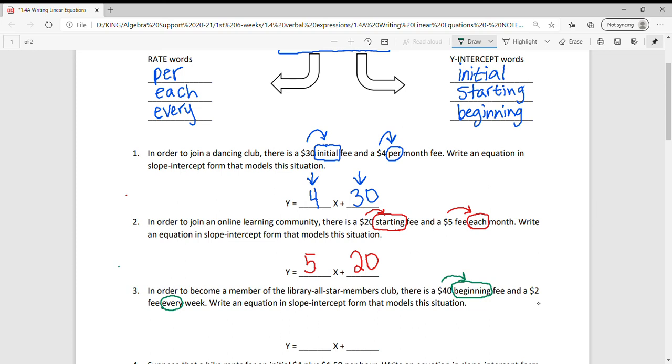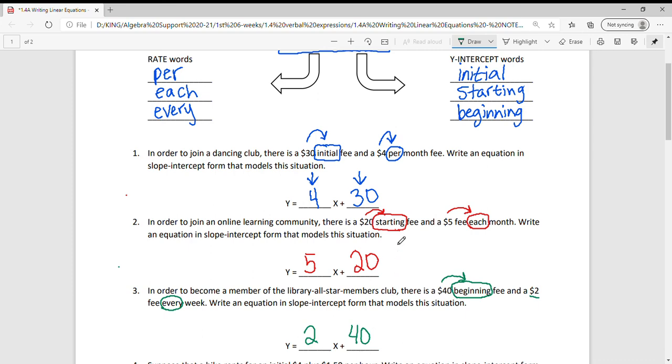So that $2 is going with that word every. So now we're going to write our equation. So y equals blank x. Remember, this is where our rate words go. I used every, so 2 is going to be there. x plus, and then my y-intercept, I found this word beginning, so that 40 is what would go here. So there's my equation, y equals 2x plus 40.